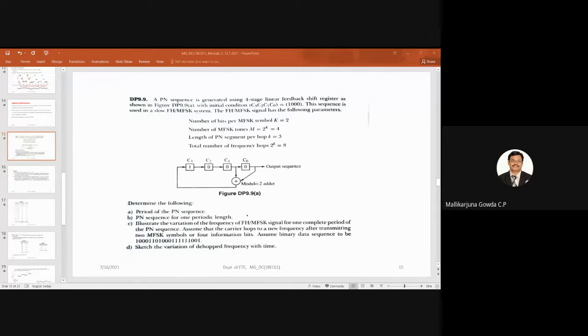Yes, can I expect an answer? At least one person can talk, no? So the first initial state is what? 1 0 0 0. Yes, voluntarily, can someone say what the second is?